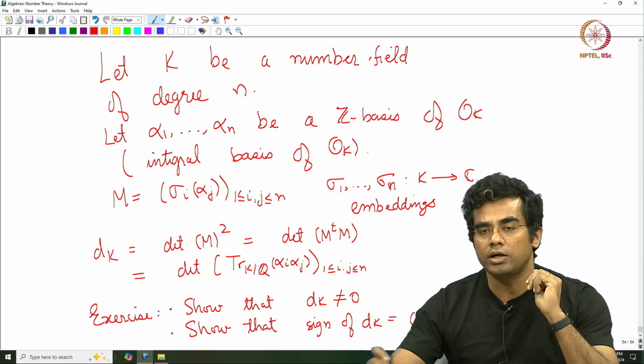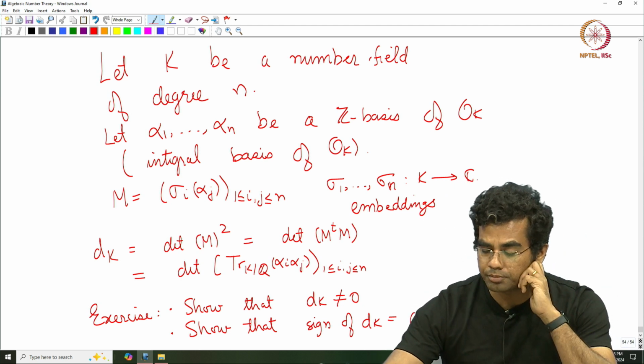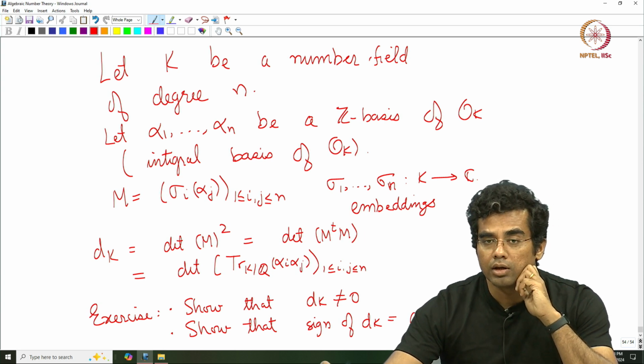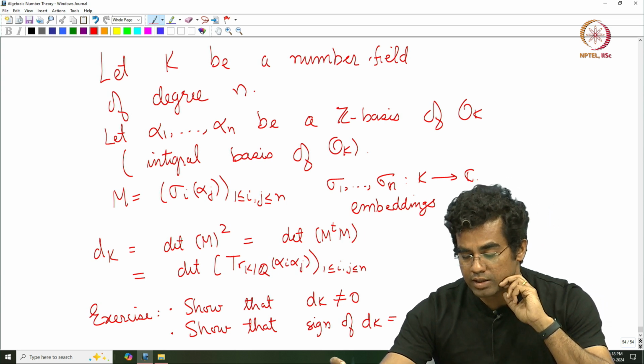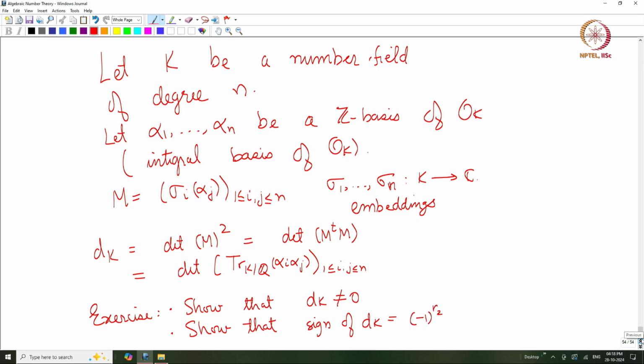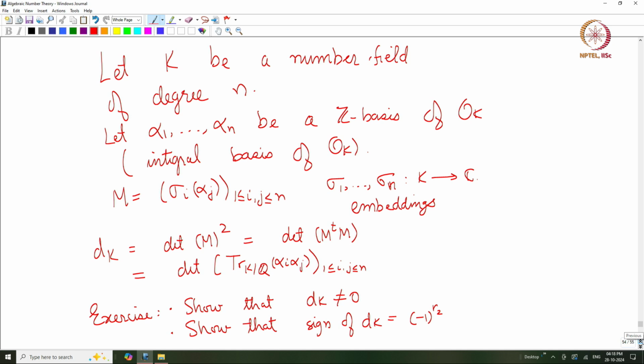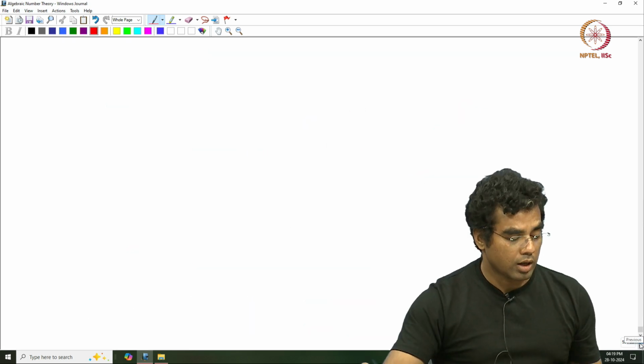So, remember r2 is the number of pairs of complex embeddings of K, and this exercise is asking you to show that the sign of it is minus 1 to the r2. So, if r2 is odd, then dK is negative, if r2 is even, then dK is positive. Okay. All right.